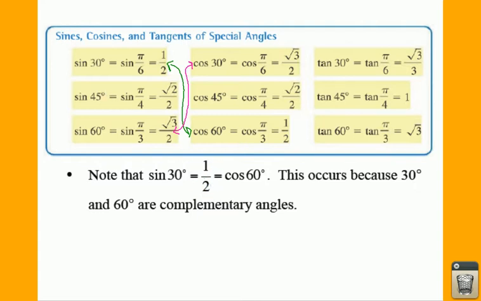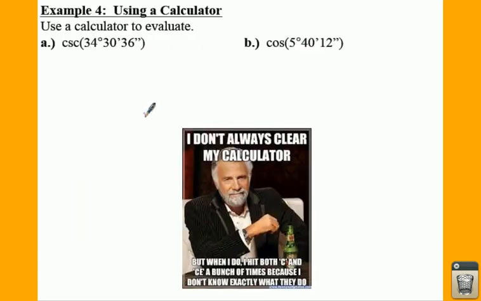relationship there. What we're going to do next is use a calculator to evaluate cosecant of 34 degrees, 30 minutes and 36 seconds. When you do this, you have to convert your 34 degrees, 30 minutes and 36 seconds into a decimal.